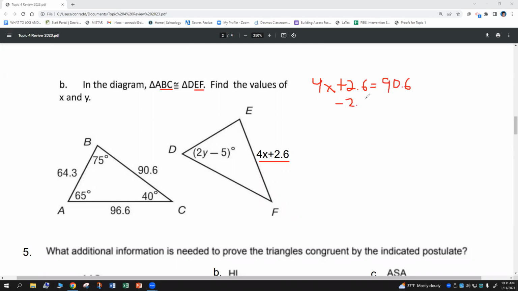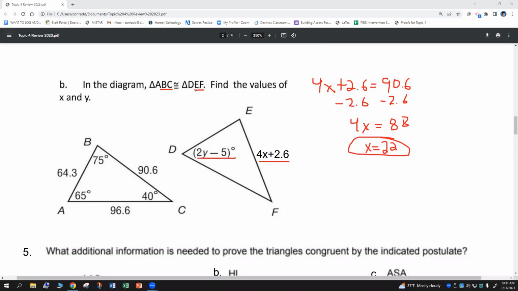We can subtract 2.6 from both sides. And that's going to give us 4x equals 88. We divide by 4 on both sides, we get x equals 22.